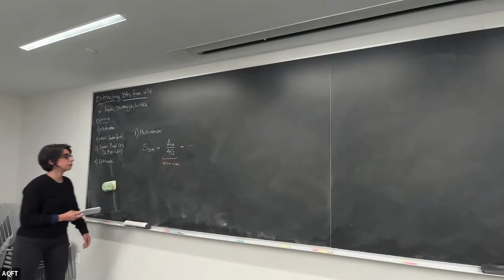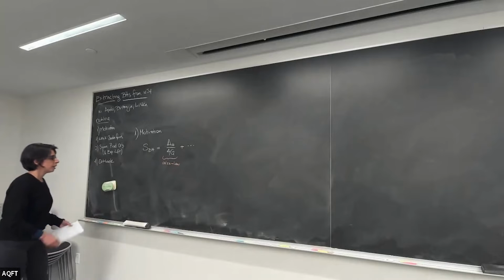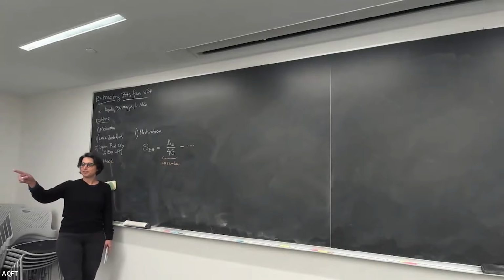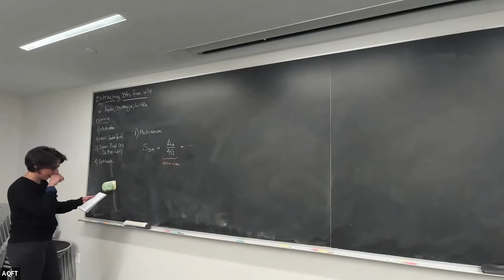Now, the rest of what I'm going to say during the seminar will be focused, because I see some physicists in the back and in the front, and I want to make clear which type of black holes and which type of settings I have in mind.